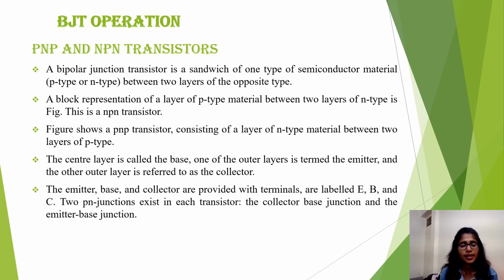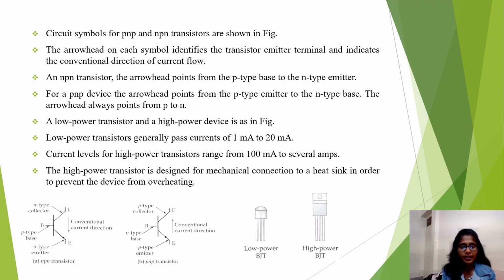Two p-n junctions exist in each transistor, the collector-base junction and the emitter-base junction. Circuit symbols for PNP and NPN transistors are shown in the figure.